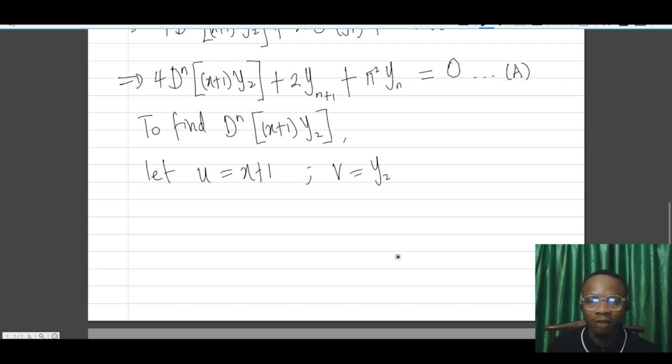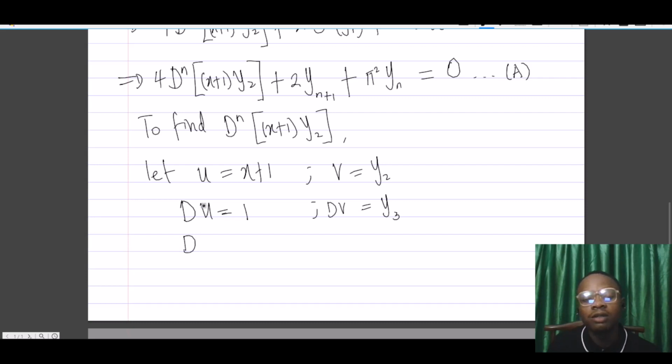Then going further, we say that u' will be equal to the derivative of x plus 1, which is 1, and v', that will be the derivative of this, that will be y3. I mean, we have the second derivative already. If you take the derivative again, that will be the third derivative.